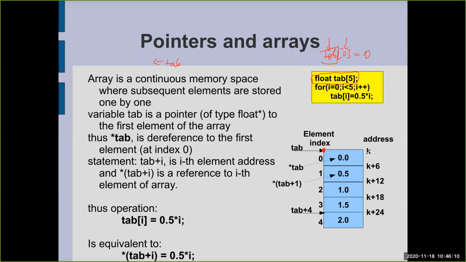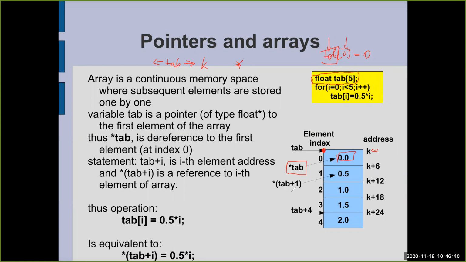So if the address is k, let's say, the tab value is k. So using the dereference operator, so using asterisk tab, you can get access to the value of the first element. So the value will be k0 here.